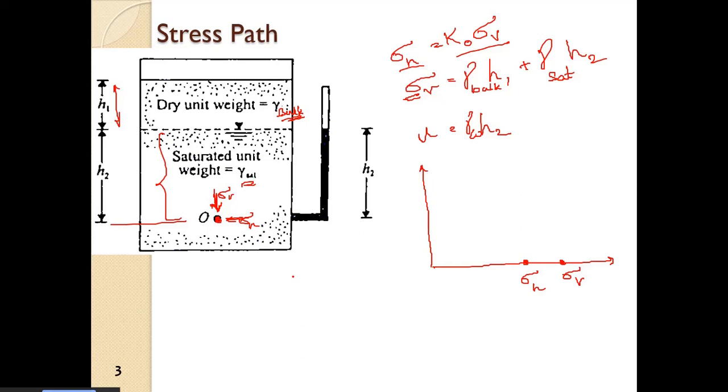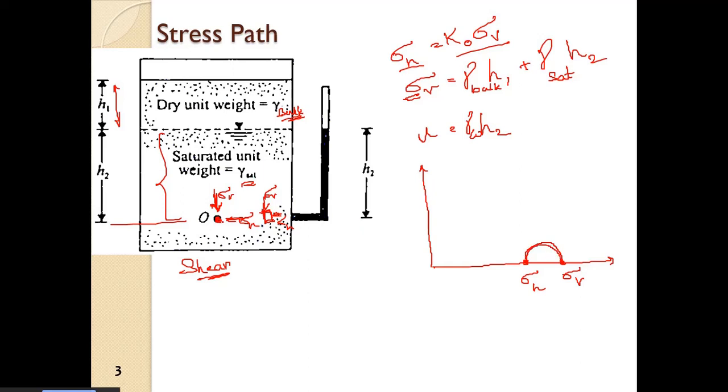So basically, if I consider this element of soil, we have sigma v in the horizontal surface, and we have sigma h in the vertical surface. So ultimately, we can say that it is subjected to some amount of shear also. So we can draw the Mohr circle.